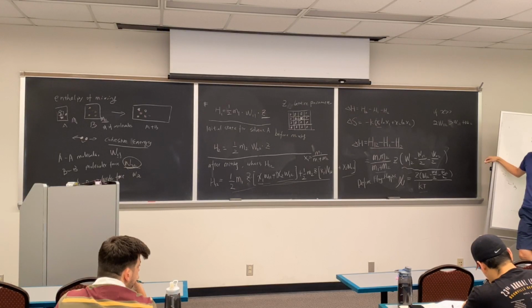So what this means is after mixing, the interaction parameter will be larger than the average of what you had at the beginning. And we can have the other cases where chi equals 0 and chi is less than 0. What's the benefit of doing this?